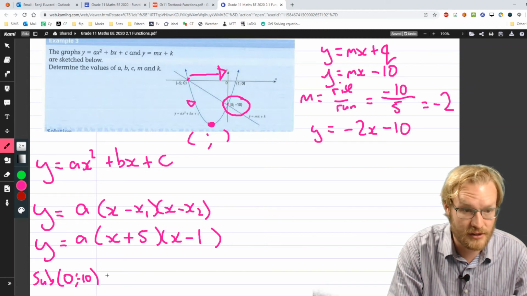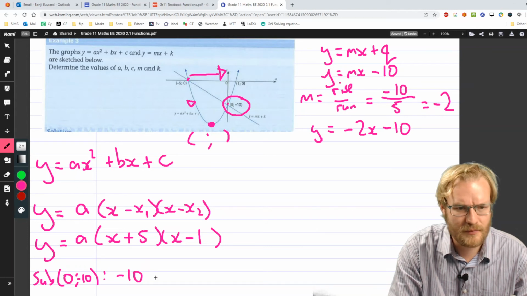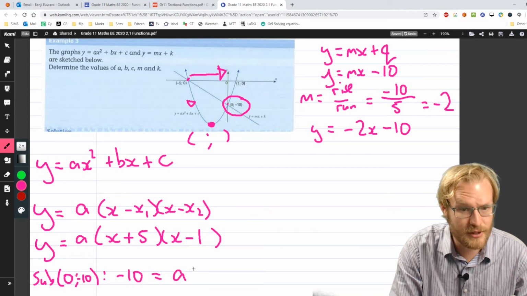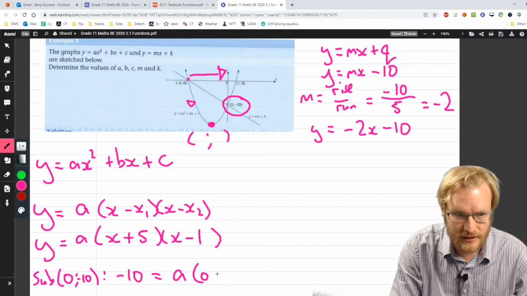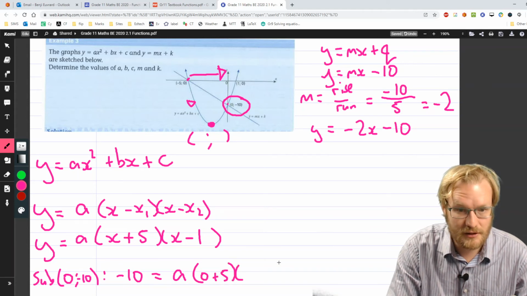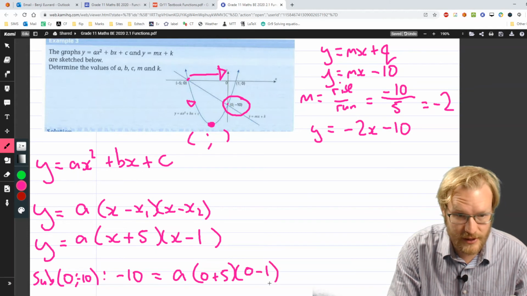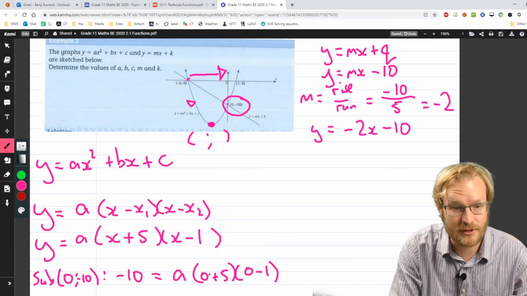0, negative 10, right? Okay, so y is negative 10 equals A, we don't know what it is yet. Our x value is 0. Okay, 0 plus 5 and 0 minus 1, so where we saw an x, we replaced it with 0, because that's what we're subbing in.